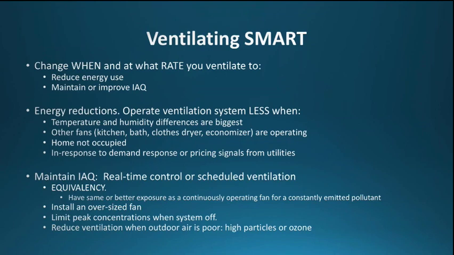We can also take into account exogenous ventilation sources, kitchen fans, clothes dryers, bath fans, things that are happening anyway and that provide ventilation, whole house ventilation incidentally, or whole building ventilation incidentally. If we know how to be smart, we can also take advantage of when homes are not occupied because we know how to catch up when they become occupied. Also, if you have utility pricing signals, because electricity is more dear at certain times of the day, you can optimize for that sort of thing.